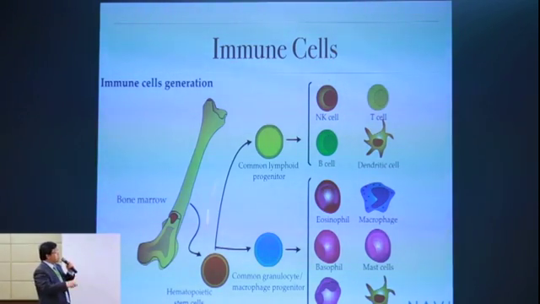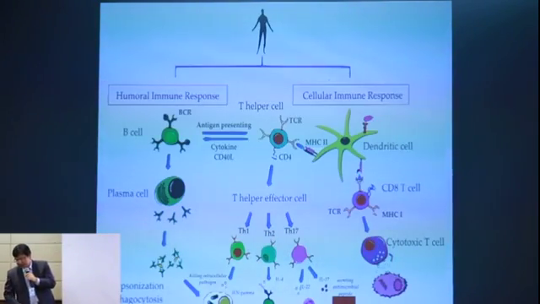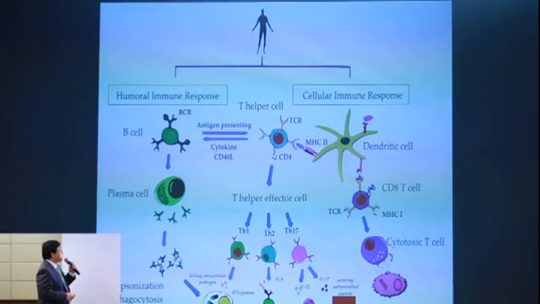All the immune cells come from the bone marrow, because the hematopoietic stem cells come from the bone marrow, and then they generate and differentiate into all the immune cells. We can divide the immune response into two kinds: the humoral immune response and the cellular immune response.